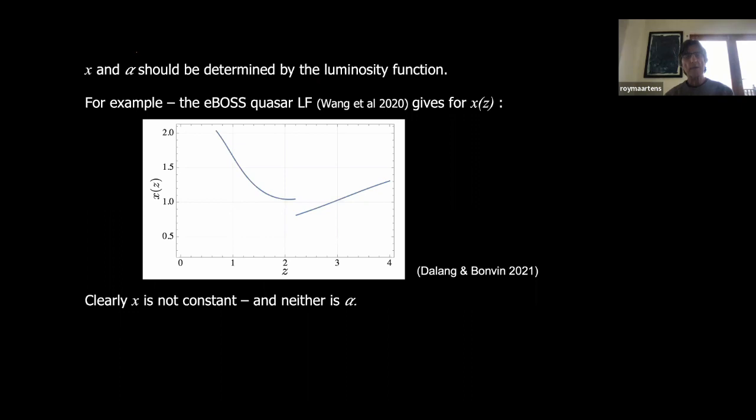So we take an example of the eBOSS quasar luminosity function studied by Wang et al. in 2020 and others before them. We find that x of z over the redshift range from just below 1 to about 4 is definitely not constant. And neither is alpha.